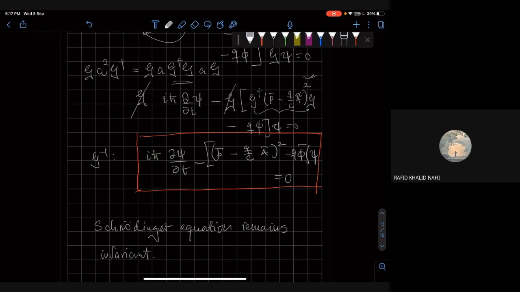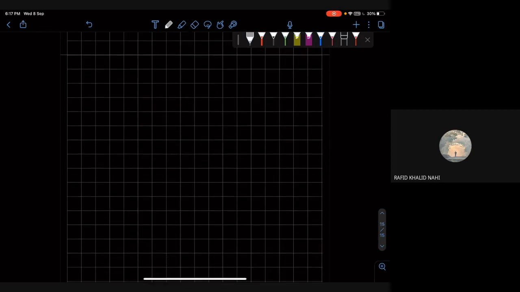But for a more complicated case where, instead of the phase, the gauge transformation is more complicated. It is a non-abelian group. You can show that this is actually an abelian group, right? Because, for example, the phases.